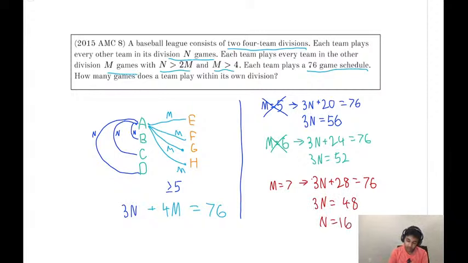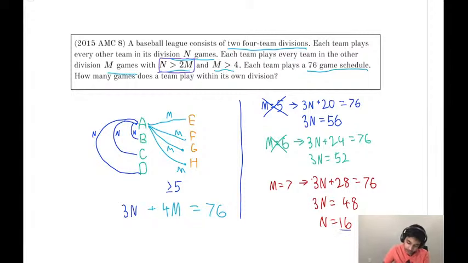So as you can see, we do have a valid value of n. And this does satisfy our condition of n greater than 2m, because 16 is greater than 2 times 7.